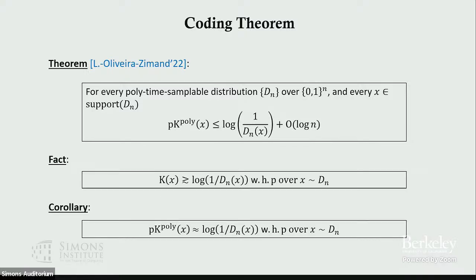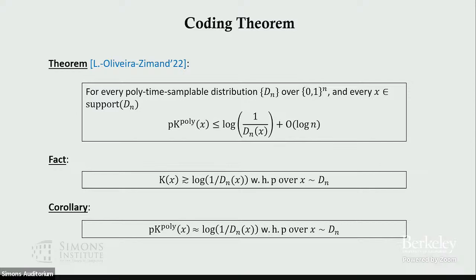Another useful fact related to this is that for any distribution D, the time unbounded Kolmogorov complexity is at least log of 1 over the probability of X, with high probability over X sampled from D. So the K complexity is at least this quantity.